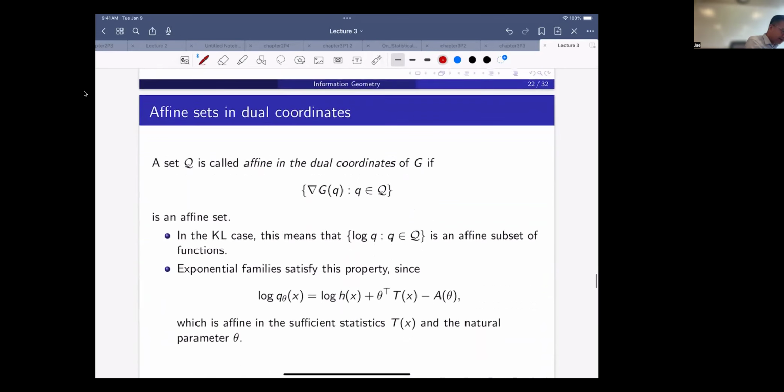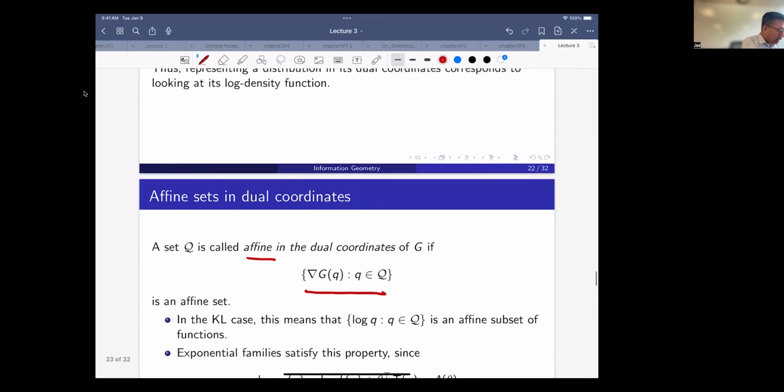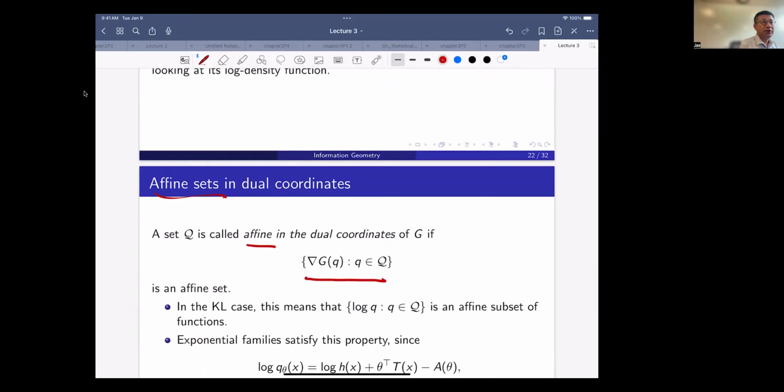And now affine. We first introduce the dual coordinate and then affine sets in the dual coordinate. Affine means that you now have a subspace which is affine, linear, and along that space you move Q over. You have a Q in particular, like an M flat.